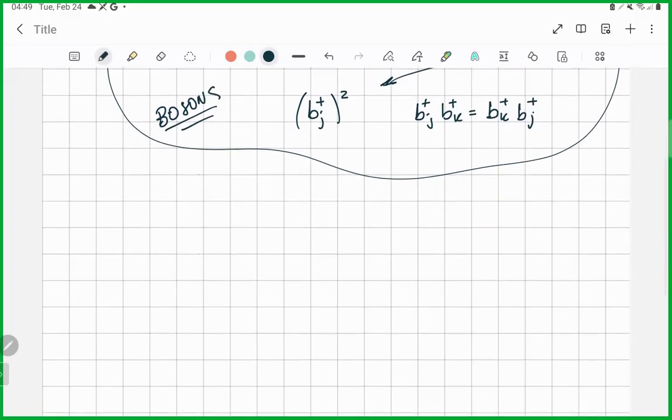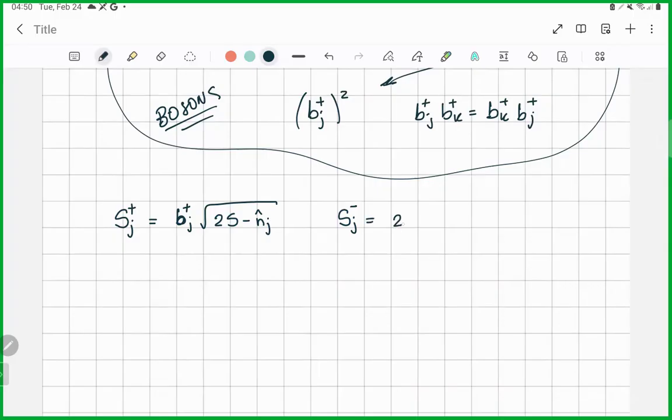We are going to connect the raising spin operator with the creation operator, but with something else in this story, where here we have n, the number operator, and the same thing for the lowering spin operator.